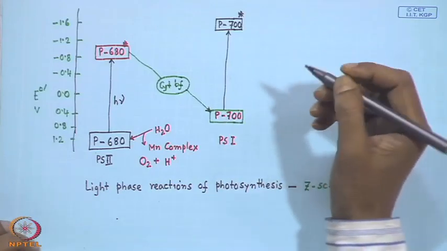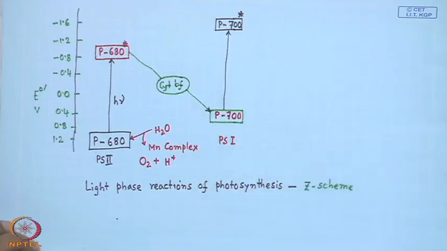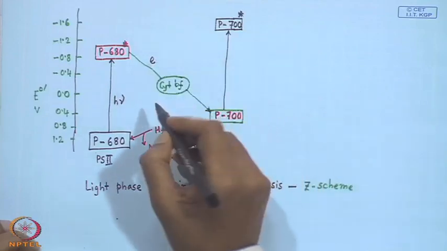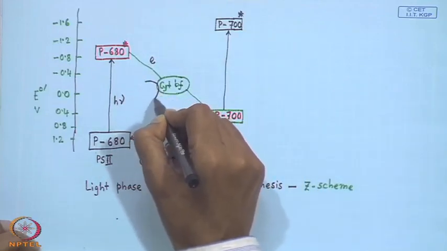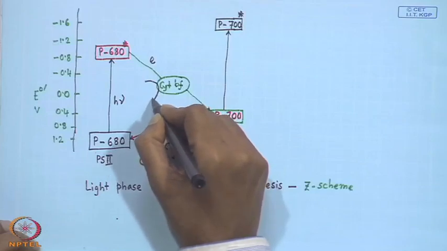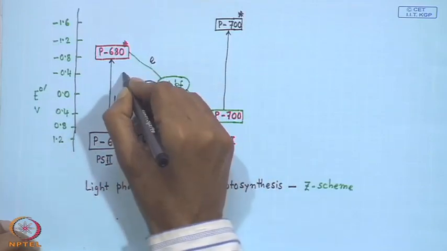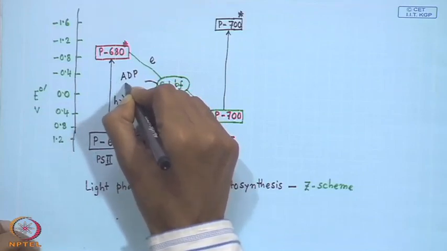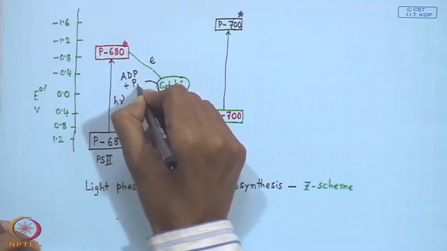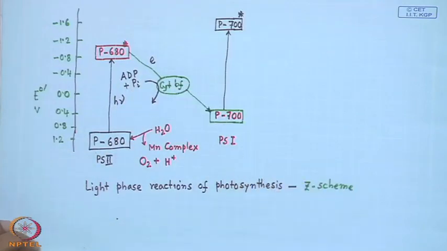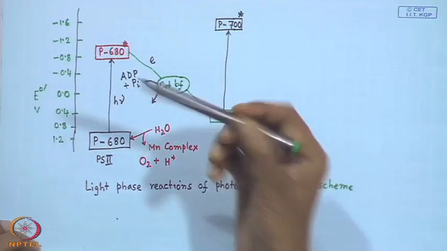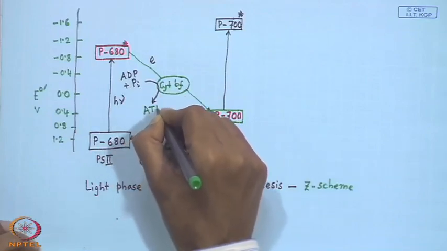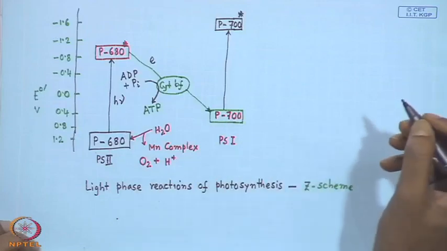And at that point, when it is going from there, at that particular site we can have the formation of ATP from ADP plus Pi, the inorganic phosphate, which will provide you 2 ATP molecules.